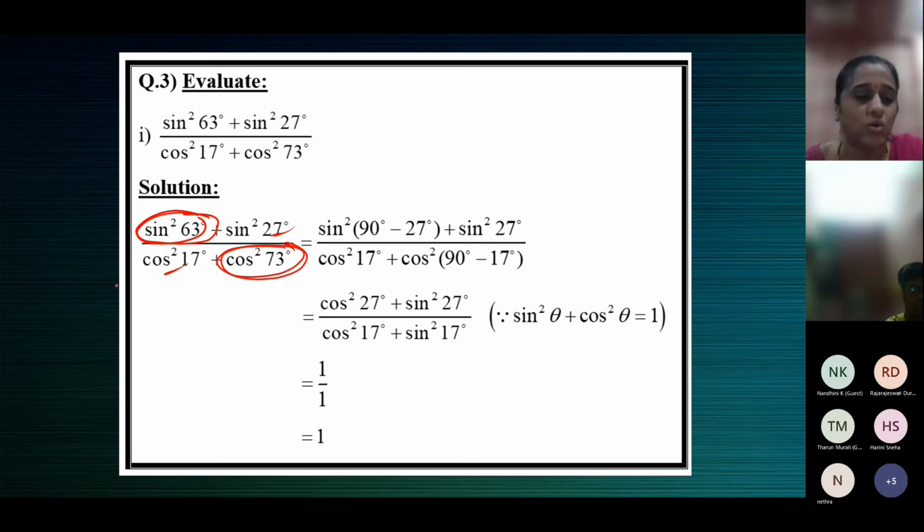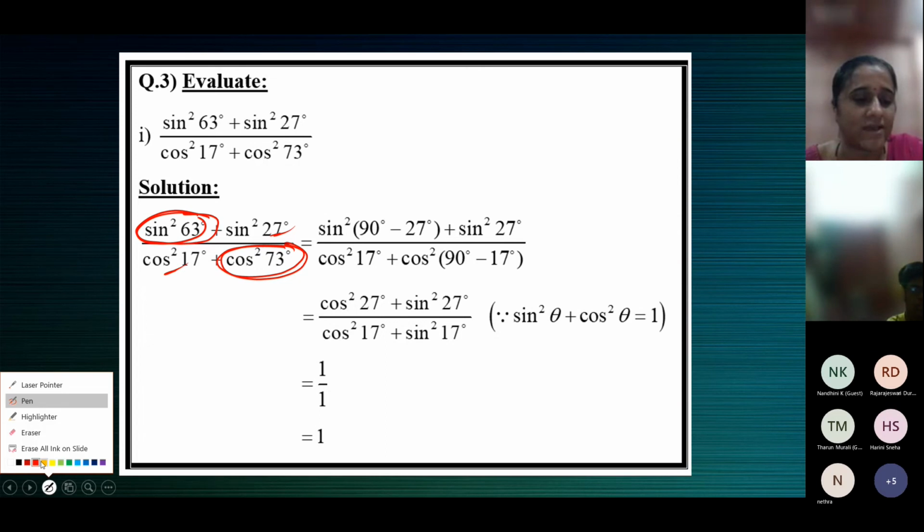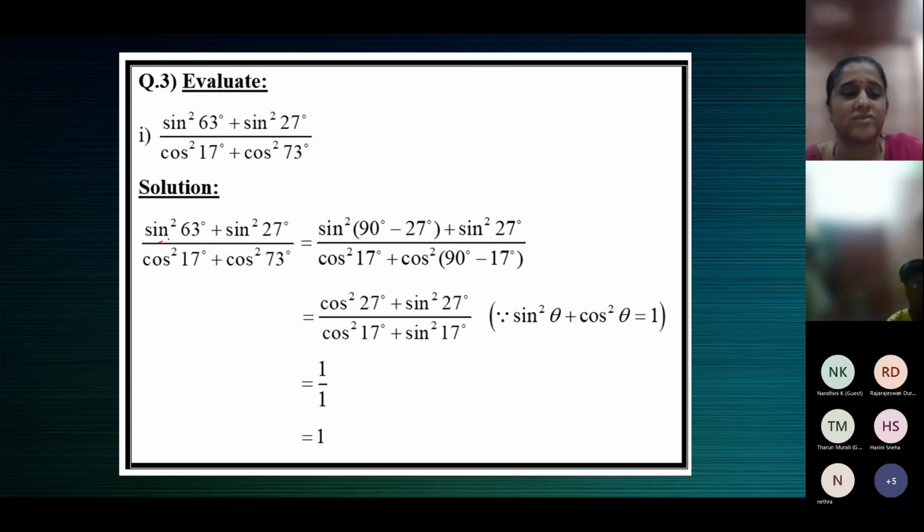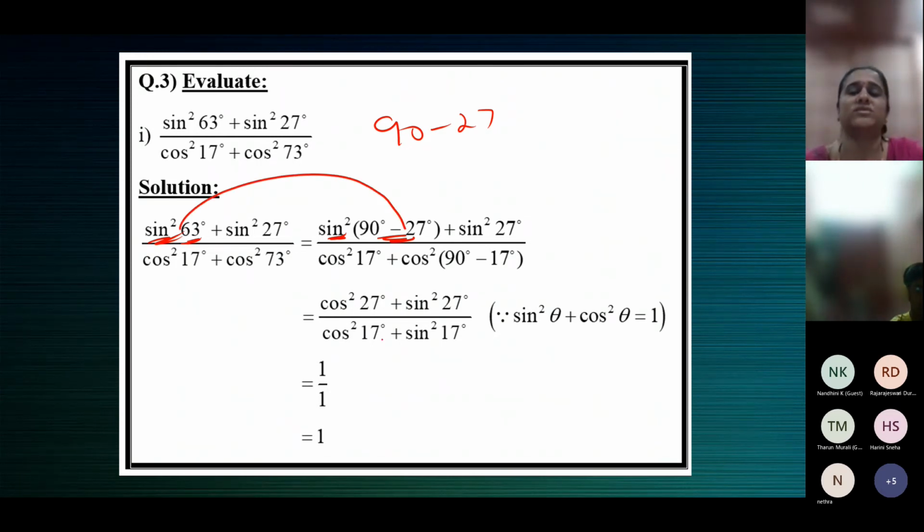Now, write sine square as it is. And what is 63? 90 minus what? You should write 63 as 90 minus something. 90 minus 27. So write sine square as it is, and 63, we're just writing it in a different way, 90 minus 27. So we're not making any change there.